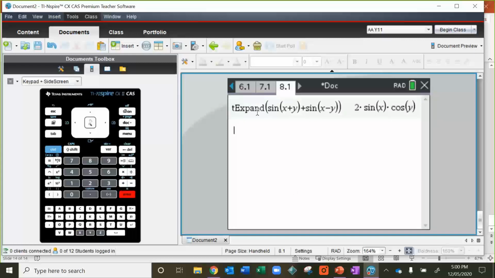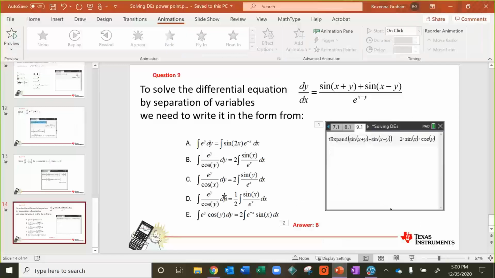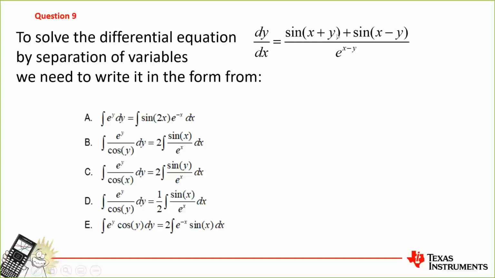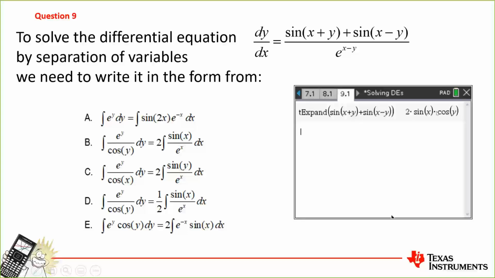So you don't need to use the compound angle formula. You can ask the calculator to expand. We get 2 sine x cos y, where one is a function of x and one is a function of y. So of course, if we now go to our question again, we replace this with 2 sine x and cos y, and we separate variables.